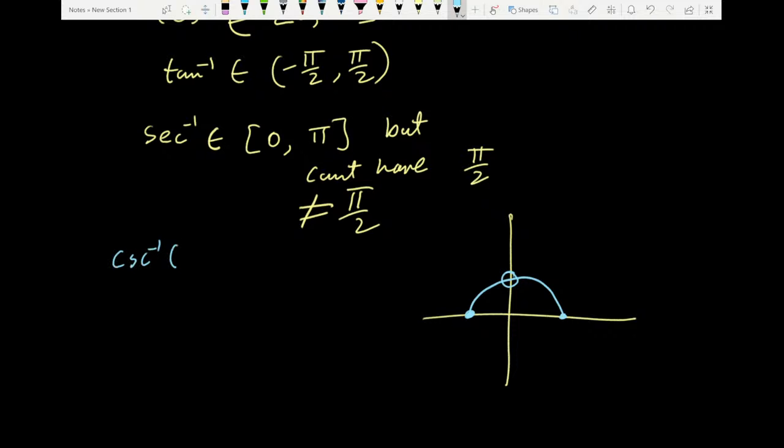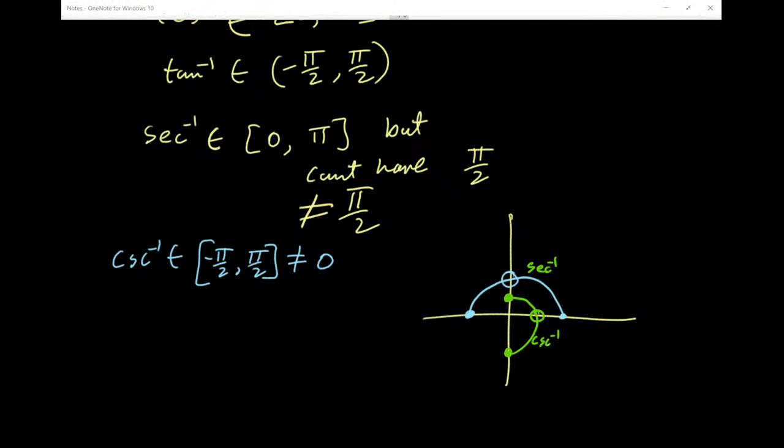Cosecant inverse lives from negative pi over 2 to positive pi over 2, but can't equal 0. So that's cosecant inverse. This is secant inverse.